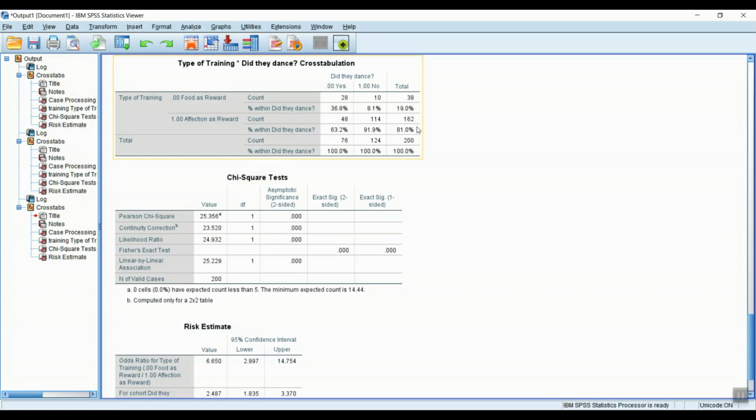If we go back to the odds ratio data, we can see that the number is 6.65. So what the odds ratio represents is the odds of an event occurring, dancing, to the probability the event does not occur.